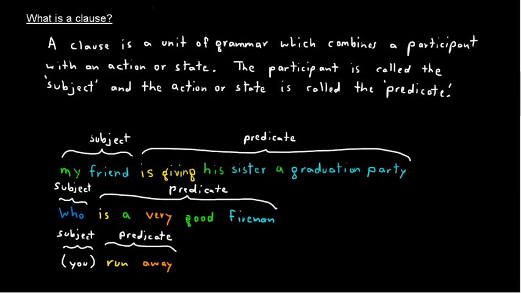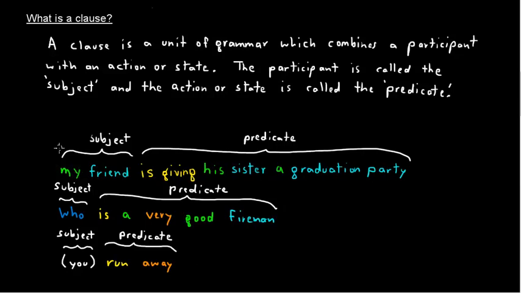So now these all, assuming we pick the correct definition for who, among all the different definitions for who, if we pick the interrogative pronoun, then all three of these are in fact main clauses which can be turned into simple sentences.